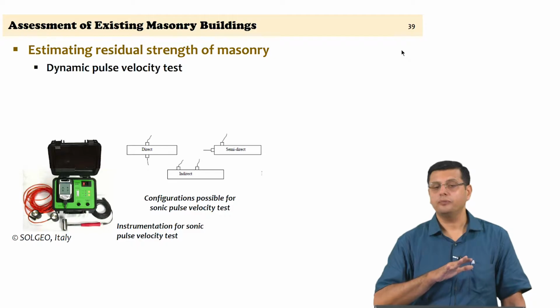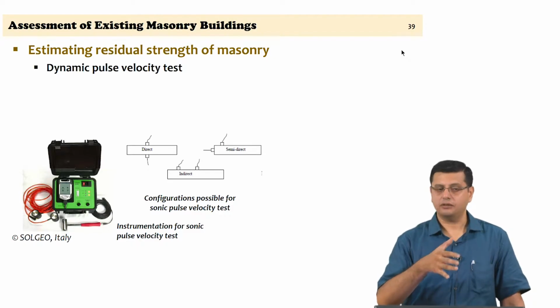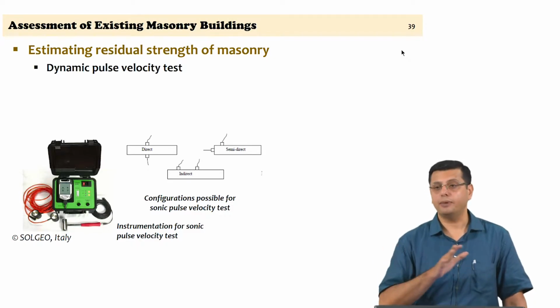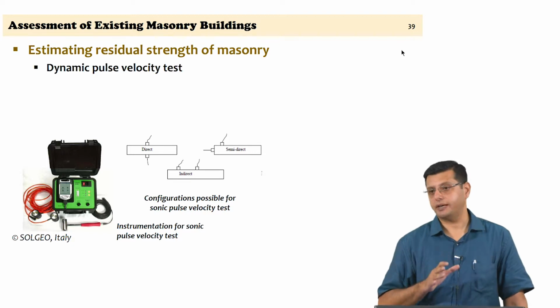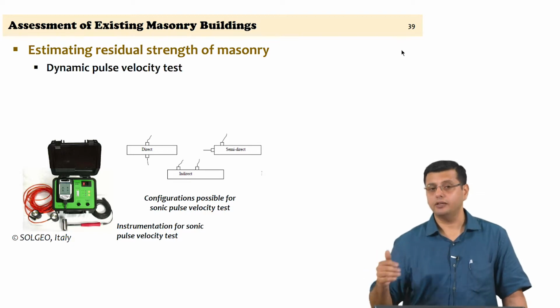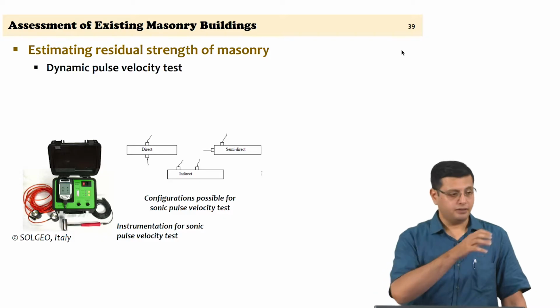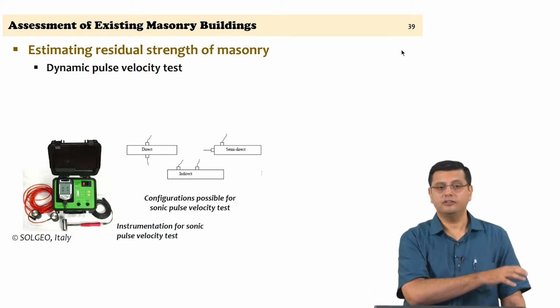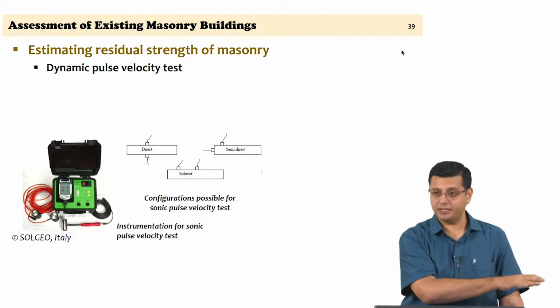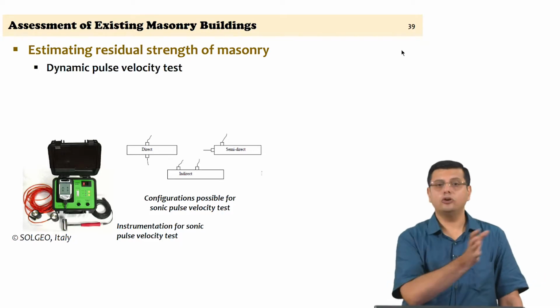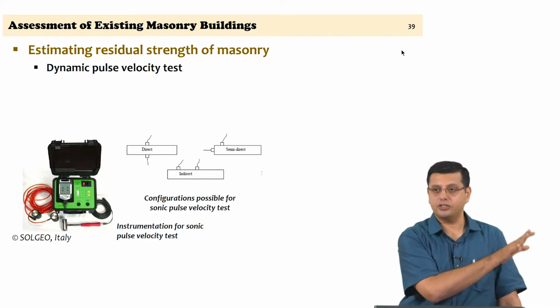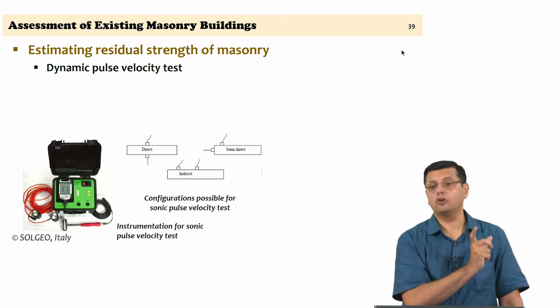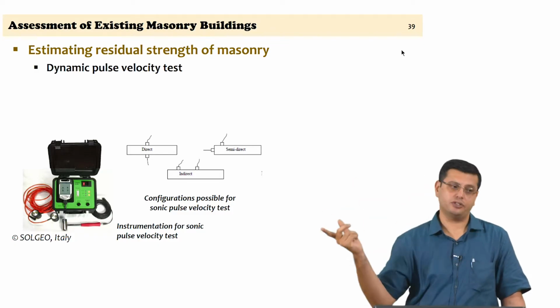You will have some information on the quality of the masonry, not quantitative strength. If you need quantitative strength, what you should actually be doing is take a certain typology, do an actual compression test, carry out non-destructive testing using pulse velocity on that specimen and arrive at a correlation, and then use it for the rest of the structure.